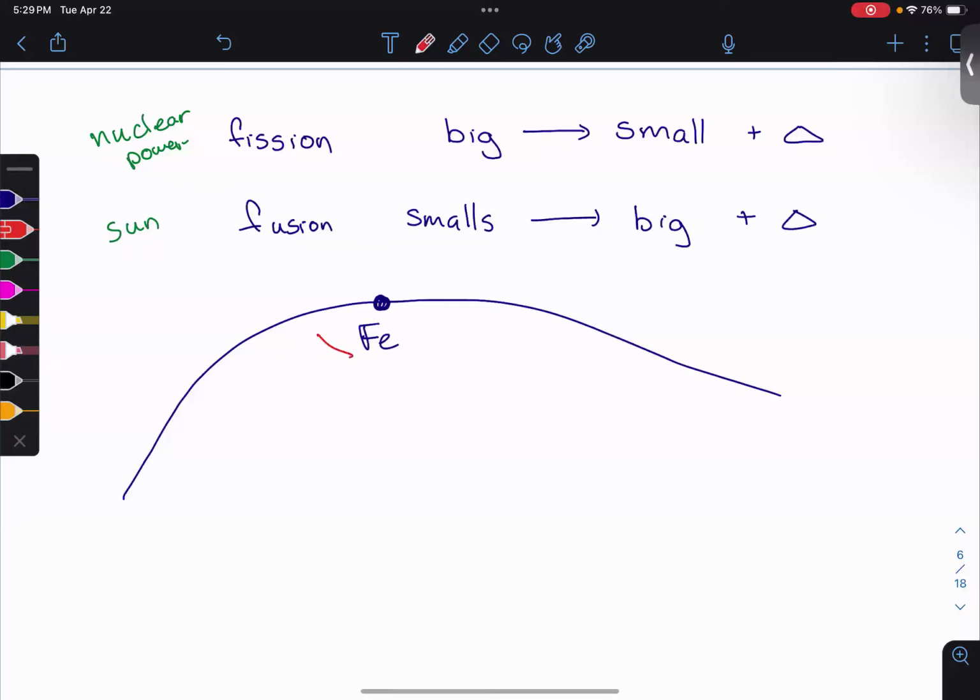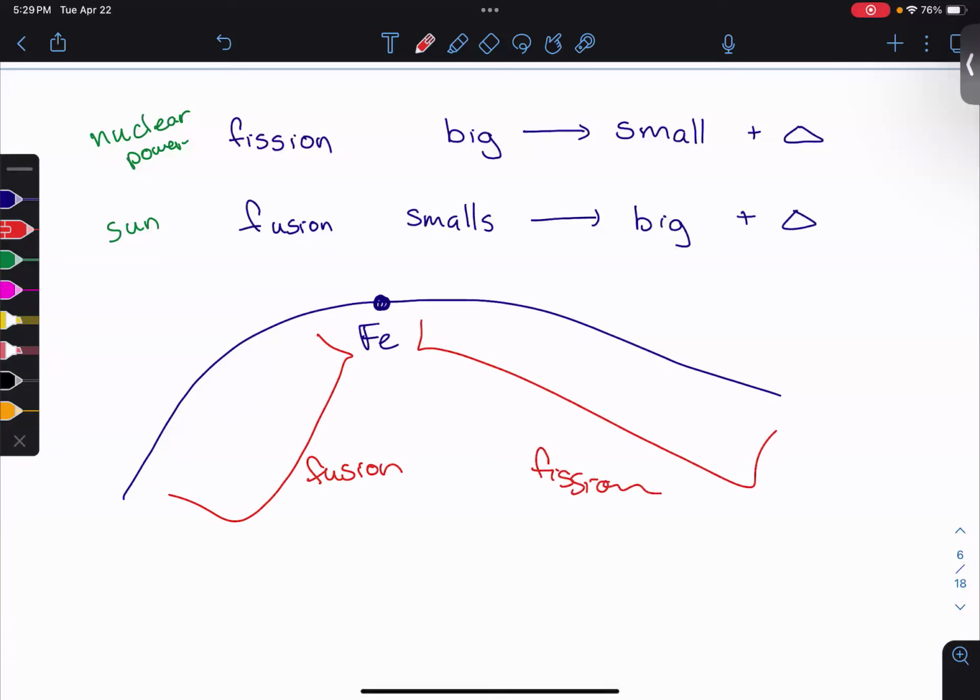So basically any element lighter than iron typically undergoes fusion, while anything heavier than iron typically undergoes fission. All right, so that's just conceptually. Transmutation reactions balance the exact same as all the other nuclear reactions, where we make sure that your mass numbers and your protons are conserved on your reactant and product sides.